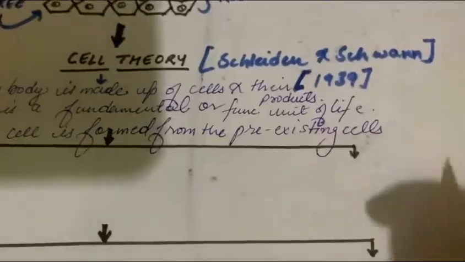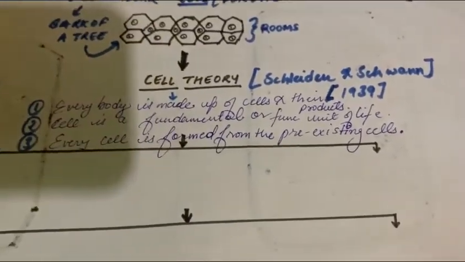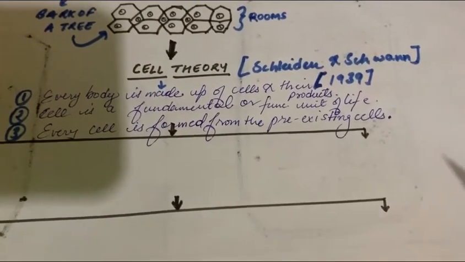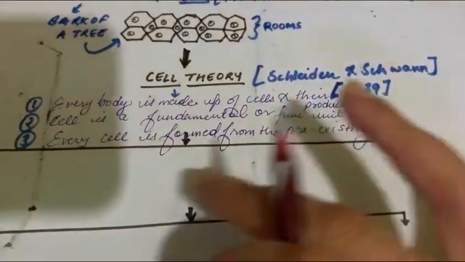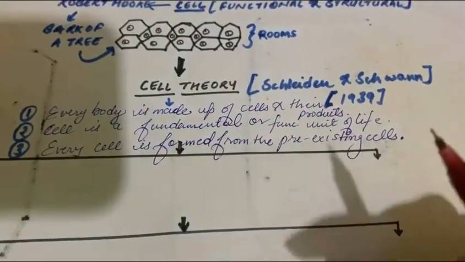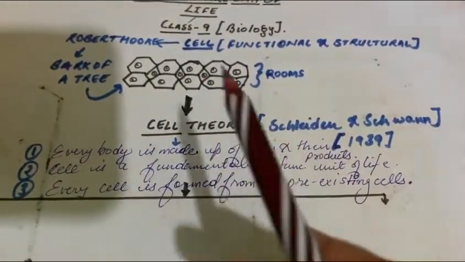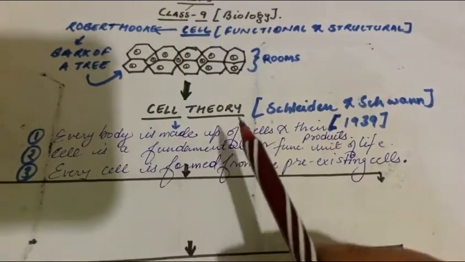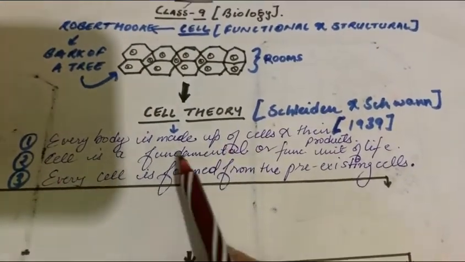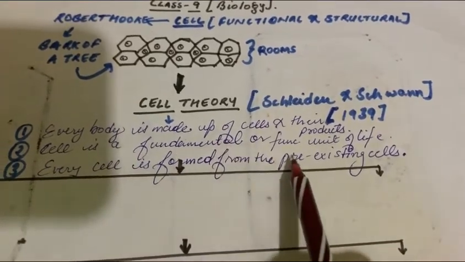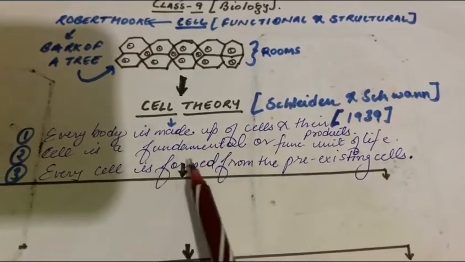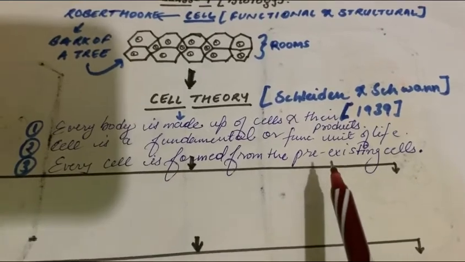That's it. So these are the three theories given by Schleiden and Schwann in 1939, and it is the basic concept behind the cell. What does cell theory imply? It says that everybody is made up of cells and their products. The cell is a fundamental or functional unit of life, and every cell is formed from pre-existing cells.